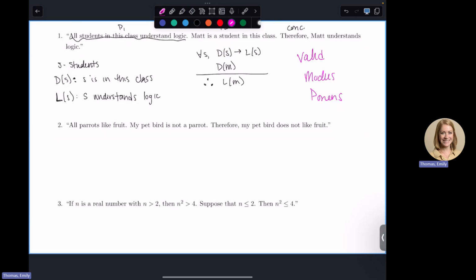All parrots like fruit. My bird is not a parrot. Therefore, my pet bird does not like fruit. So now I think our domain would be B for birds.